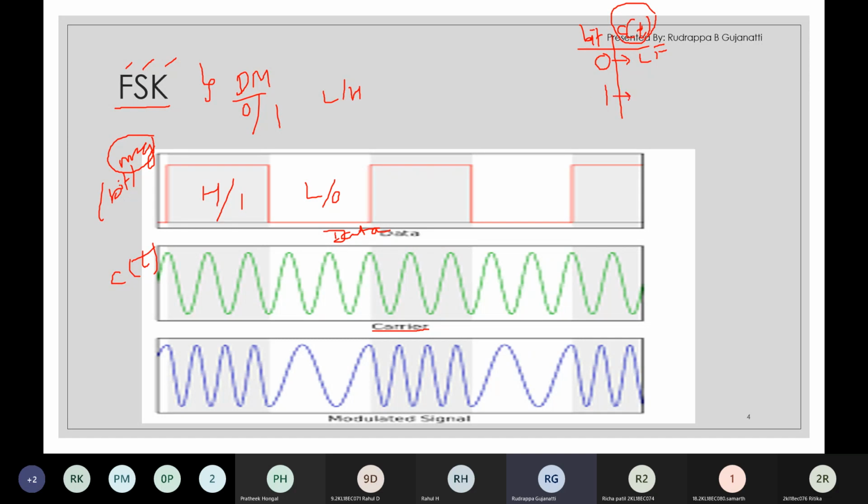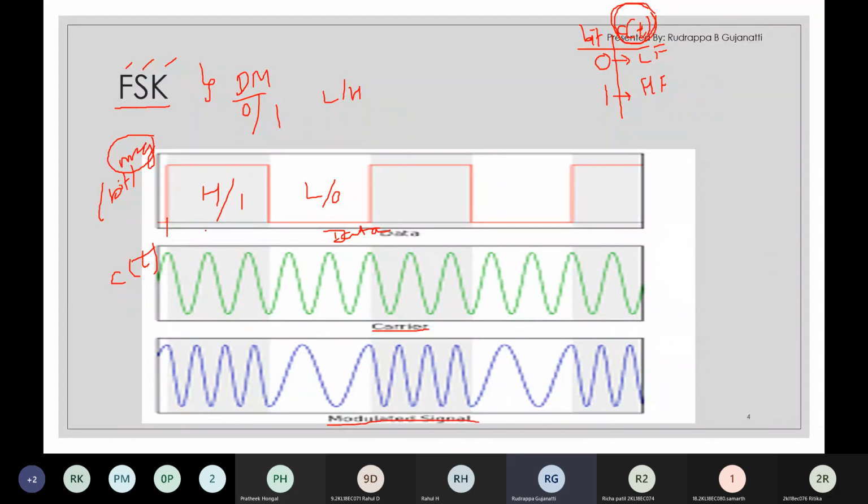And whenever the data is high, that is logic 1, you change the frequency to high, that is, you increase the frequency of the carrier signal and then use it. That is what is done in this modulation.